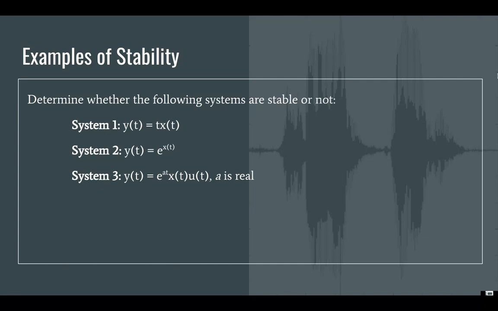We conclude that if any input to S2 is bounded by an arbitrary positive number, the corresponding output is guaranteed to be bounded. Therefore, S2 is stable. For system S3, it is obvious that the system is bounded input, bounded output stable if A is less than or equal to 0 and unstable if A is greater than 0.